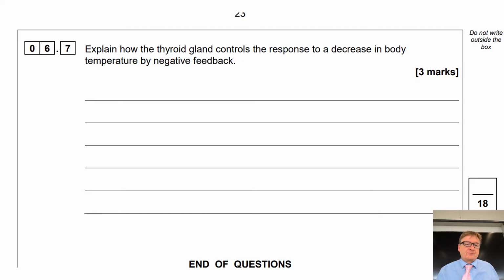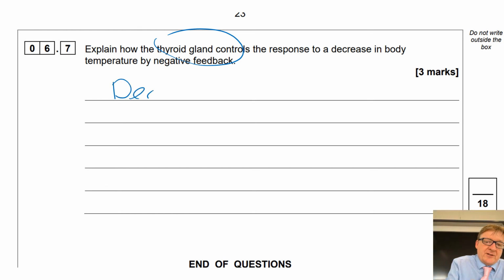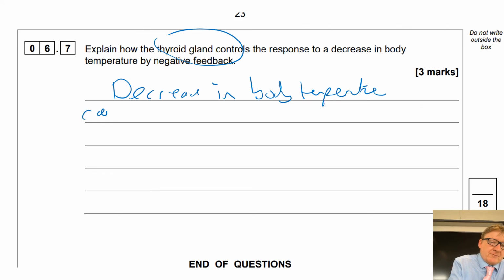6.7. Explain how the thyroid gland controls the response to a decrease in body temperature by negative feedback. Okay, so a decrease in body temperature causes the thyroid to release thyroxine.